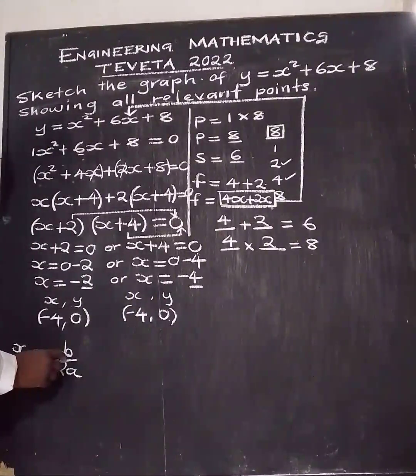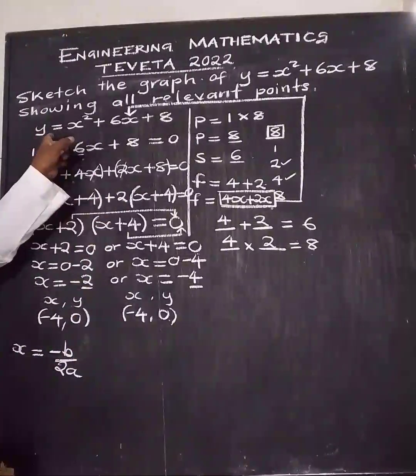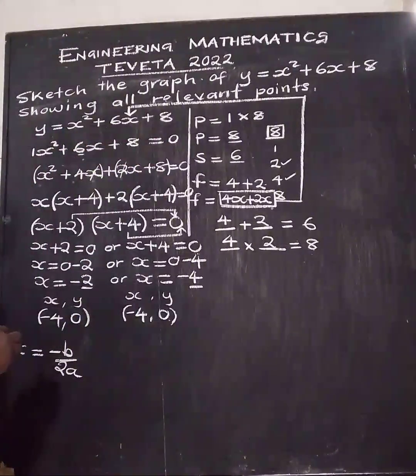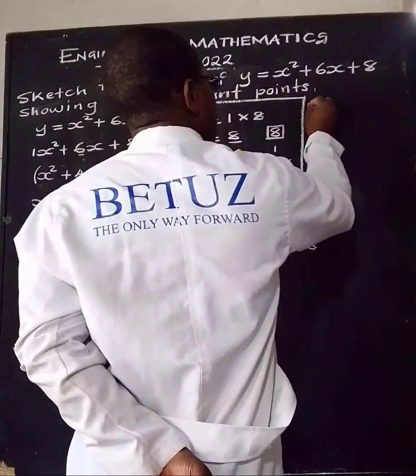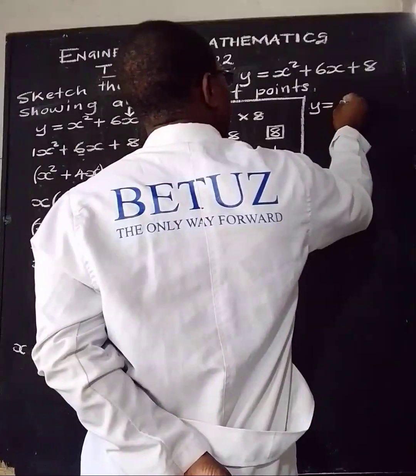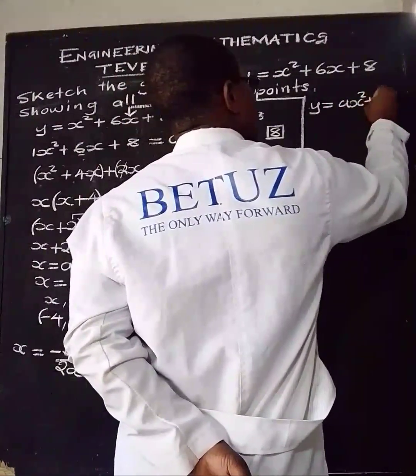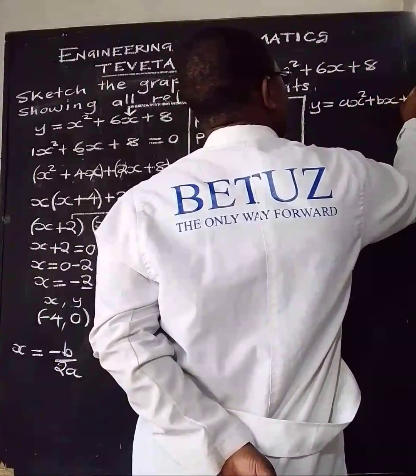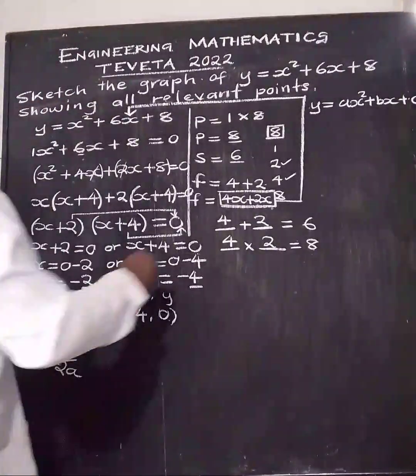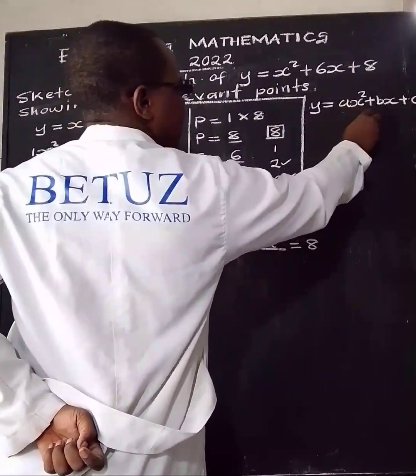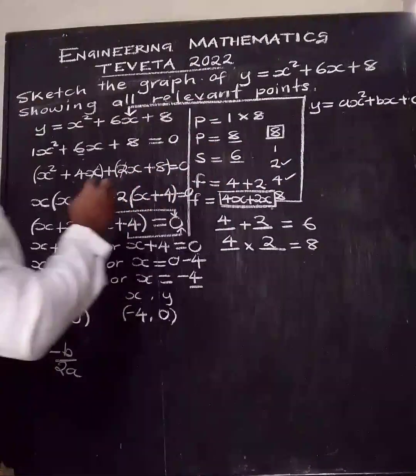Now, where do you get this b from and where do you get this a from? We get these two from the same quadratic equation given. We know the standard equation is given as y is equal to a x squared plus b x plus c, where a is the coefficient of x squared, b is the coefficient of x, and c is a constant number.